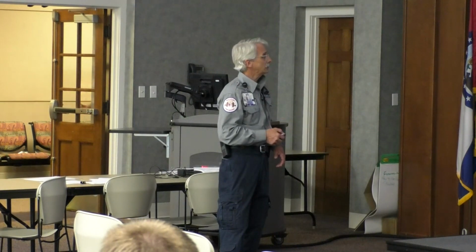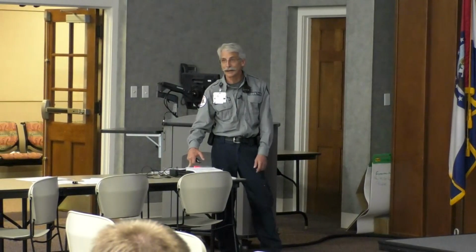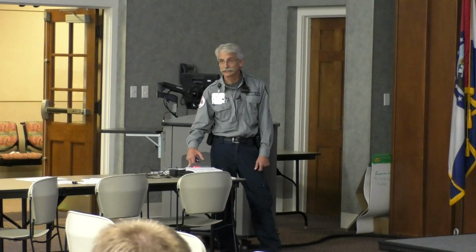What's the rate on this one? Let's see, 300, 150, 175, about 75, 76. Okay? Well, it's actually 71, according to them, but I got in the neighborhood of 75.